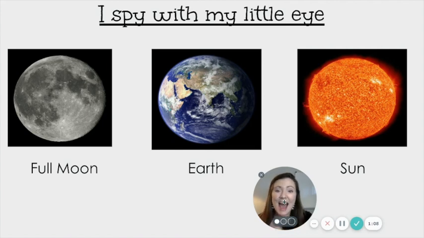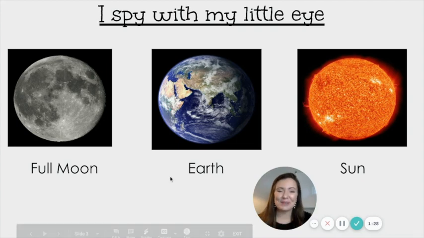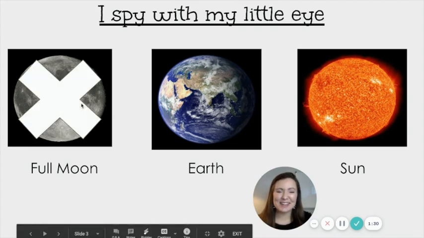I spy with my little eye an object in the sky that goes through phases. And this particular picture on the screen shows the middle phase. What do I spy? A full moon. Good job.